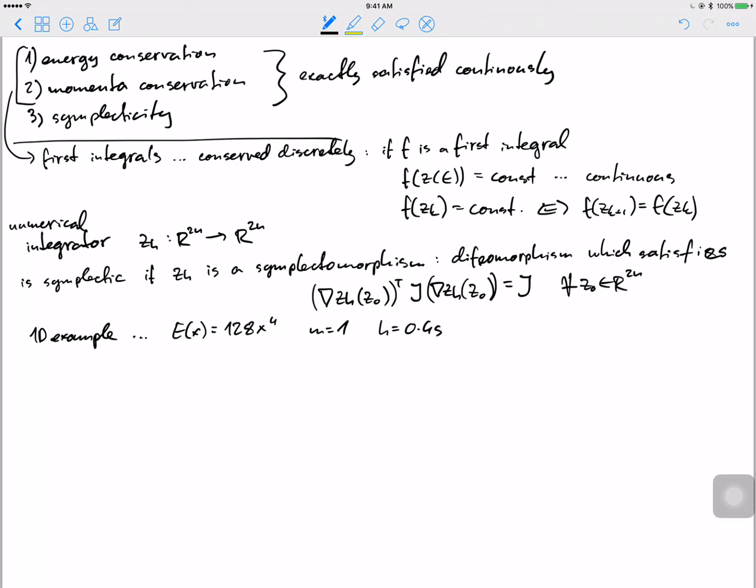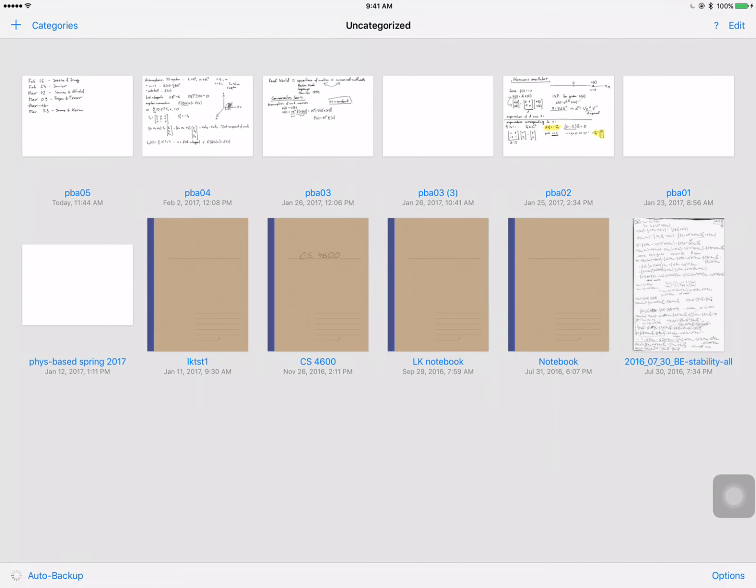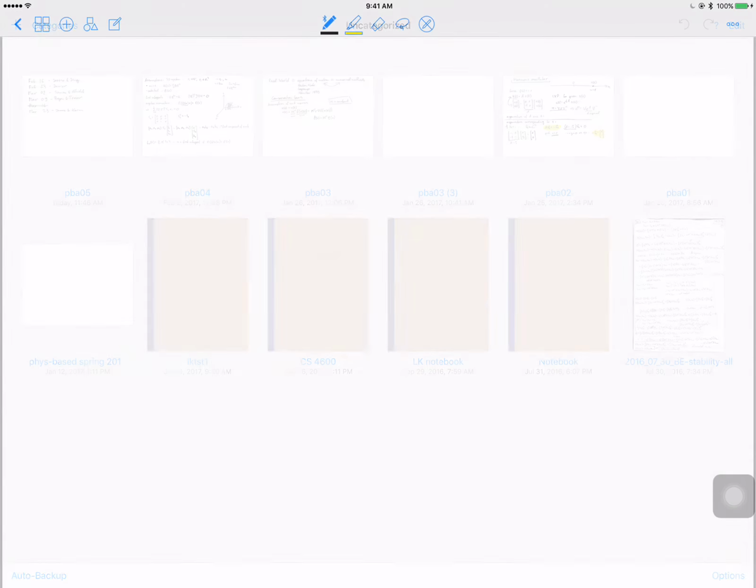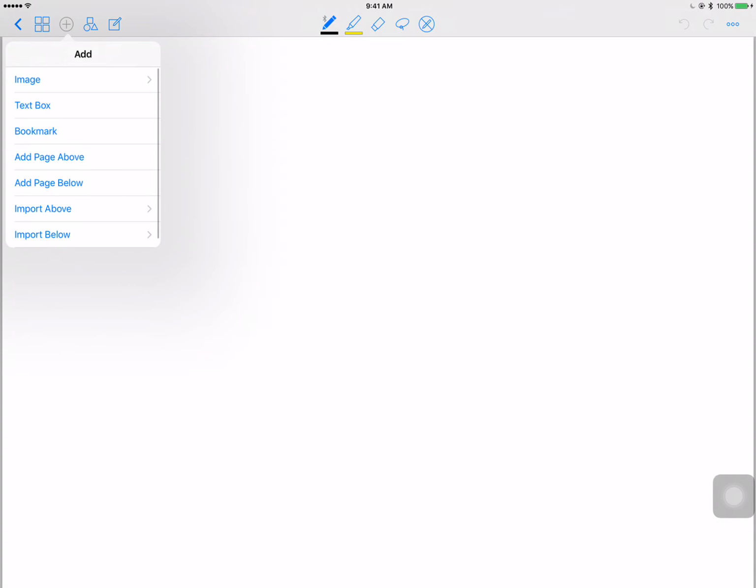Any numerical integrator will be a mapping from R2 to R2, because then it's 1D. So I can visualize it beautifully using image deformation, because in R2 I can draw some image and look at how that image distorts under that integrator. Let's take a look, because it's quite cool.